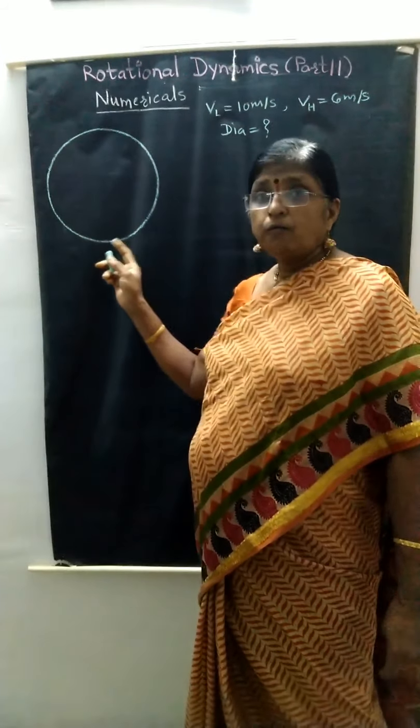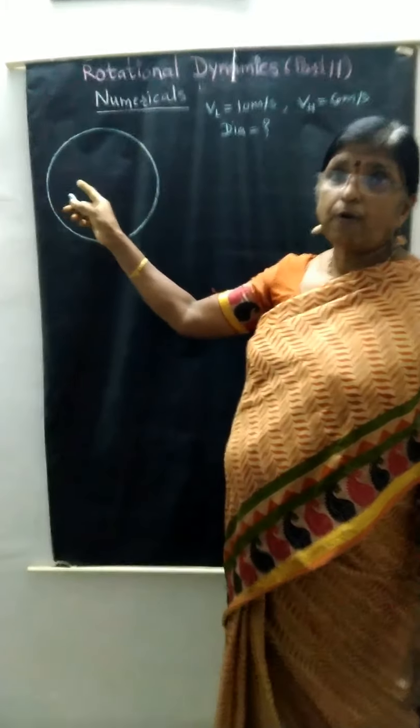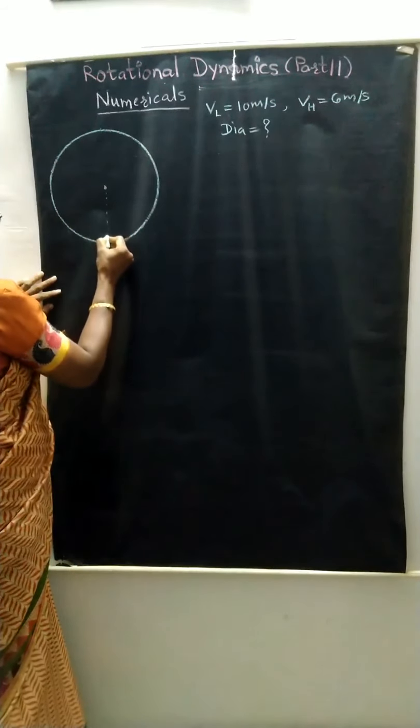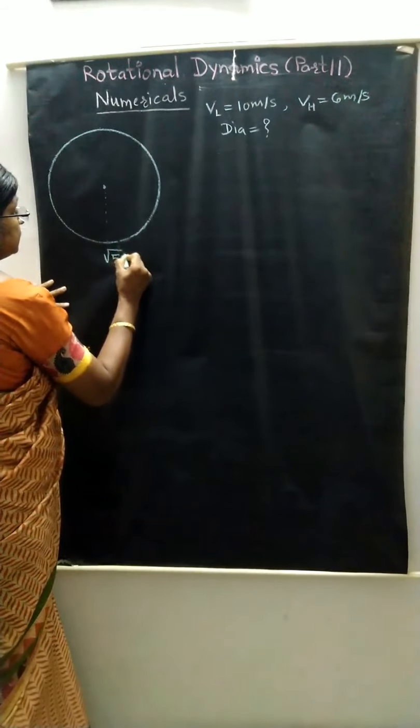Now we know that in case of sphere of death, the minimum value at the bottom is under root 5 Rg.